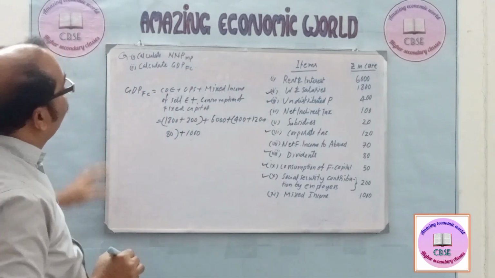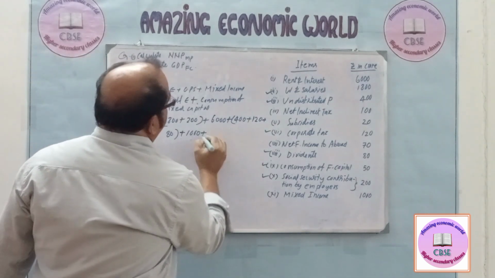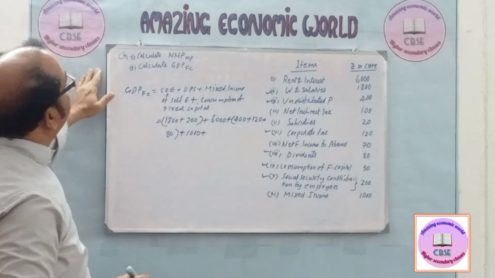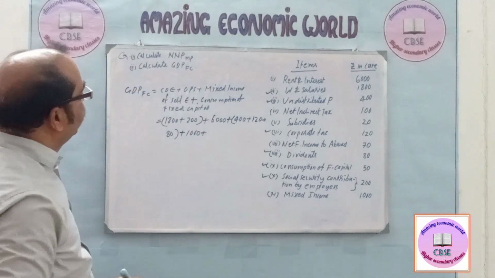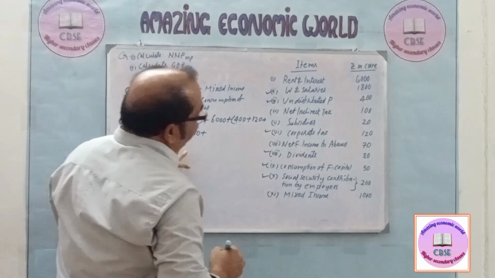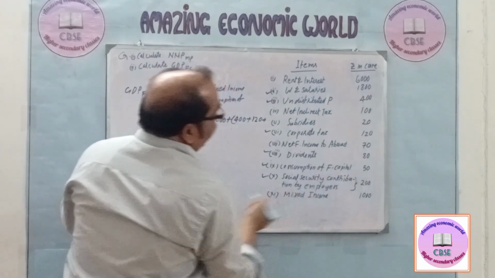Then one more item we have to add. What is that? Depreciation, to get GDP, gross domestic product at factor cost. What is the amount of depreciation? Consumption of fixed capital, that is 50.